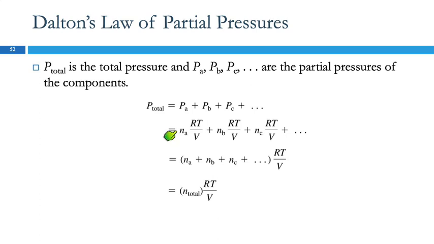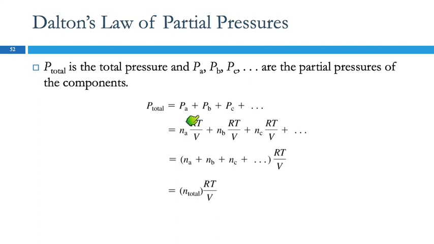And we learned that the pressure from an individual gas is the number of moles of that gas times RT over V. So the pressure from B, gas B, is the number of moles of gas B times RT over V, etc. If all of these gases are in the same sample, they're mixed together, then their temperatures are all the same and their volumes are the same. And of course, R is always the same.